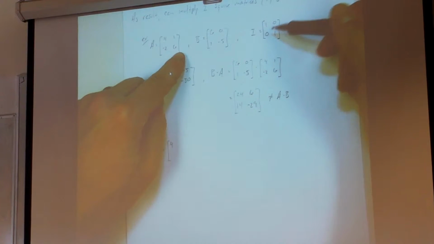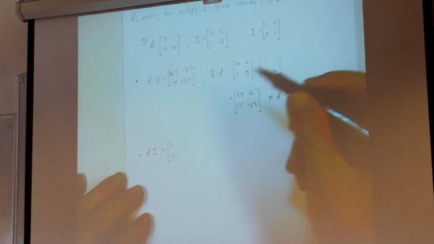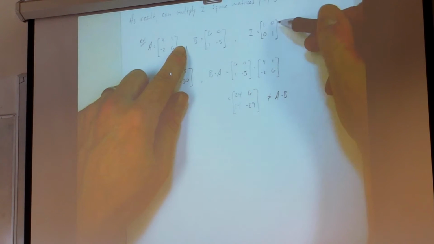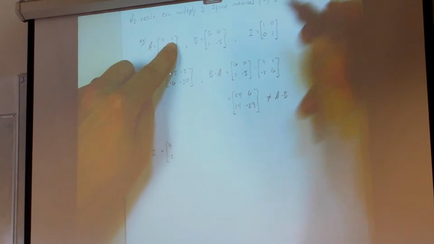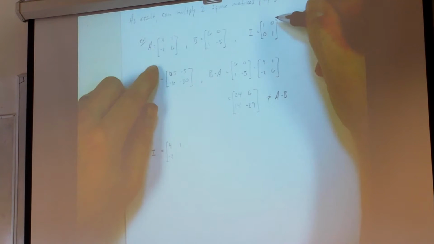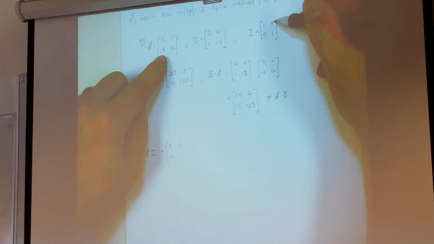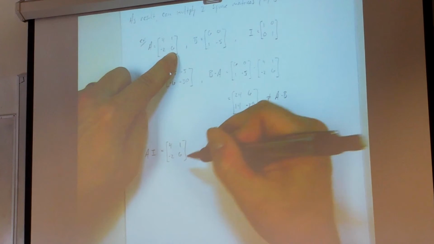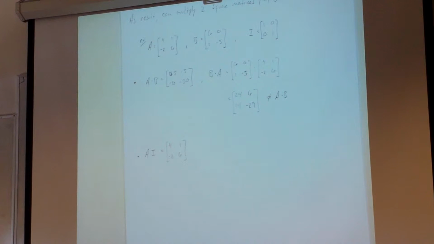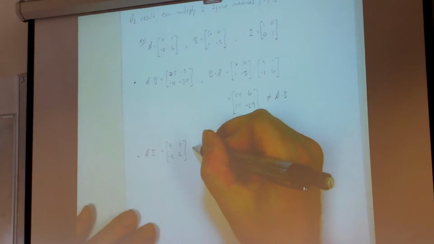Row 2. Row 1, column 2. 0. Row 2, column 2. 0 plus 6. What do you notice here? That just equals A.